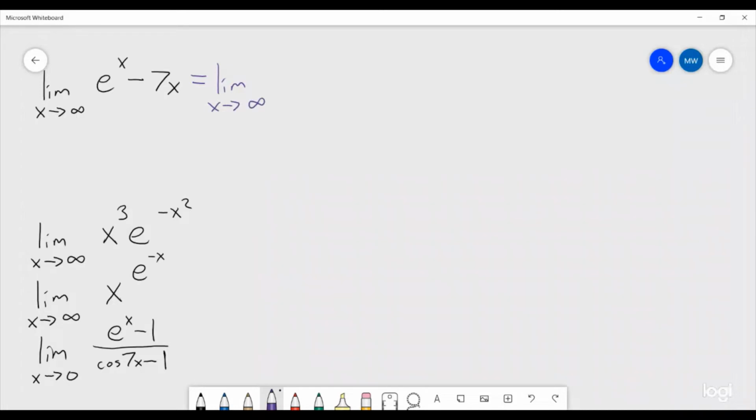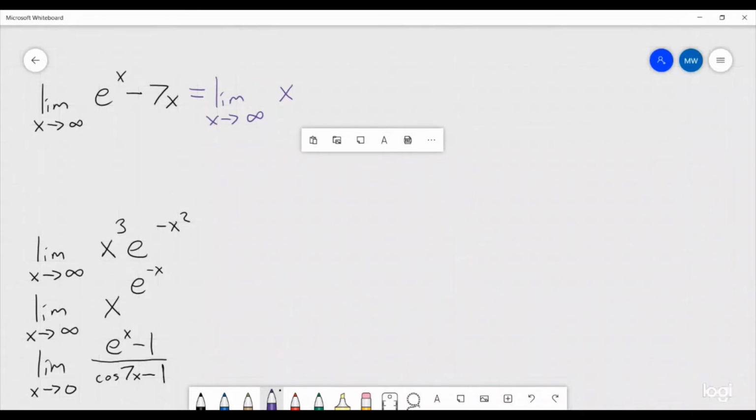I'm going to factor out an x. If I pull an x out of the e to the x, that just becomes e to the x over x, and we have a minus 7.